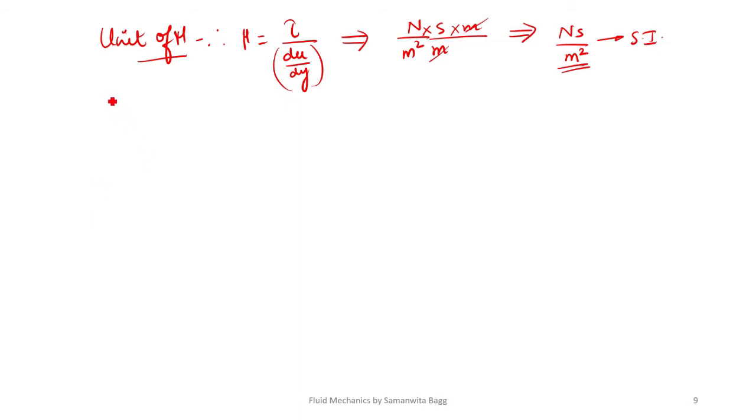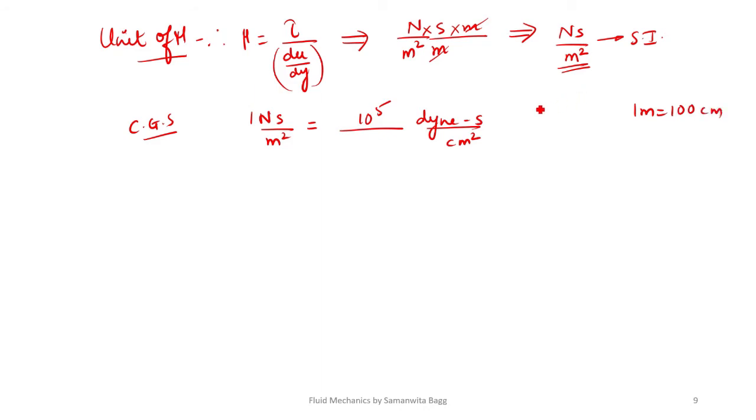Now let's talk about the CGS unit. I can convert 1 Newton second per meter square to dyne second per centimeter square. We know 1 Newton is 10 raised to 5 dyne. Second is not getting converted, so it is as it is. Meter square to centimeter square. We know 1 meter is 100 centimeter, or it is 10 raised to 2 centimeter.